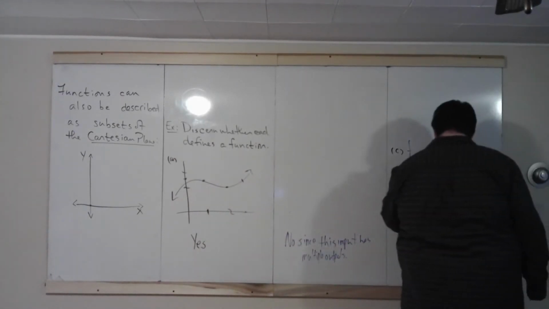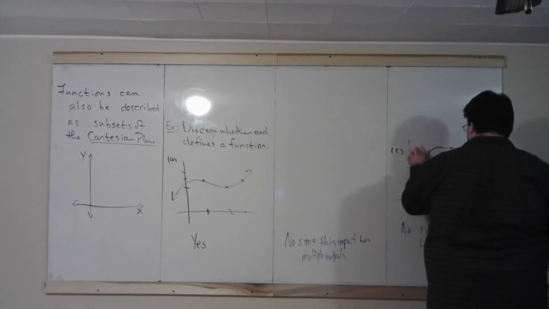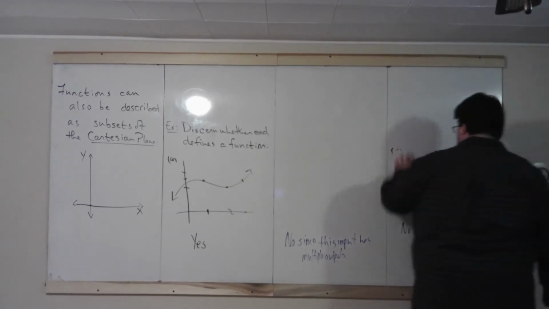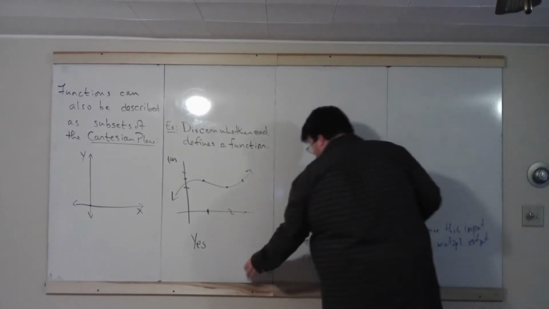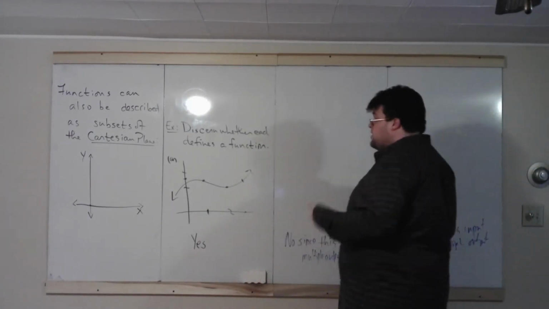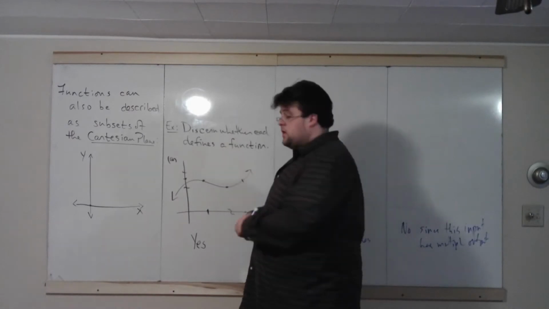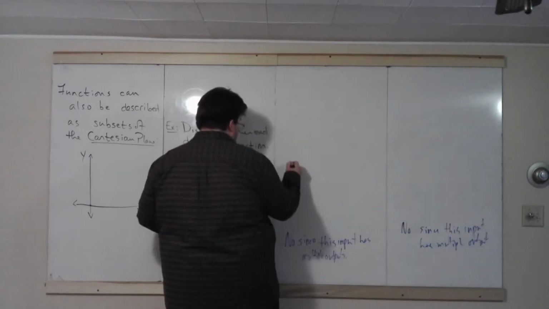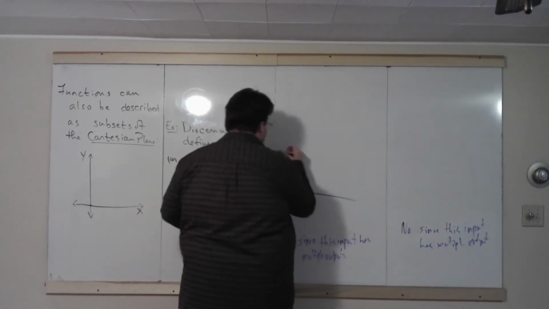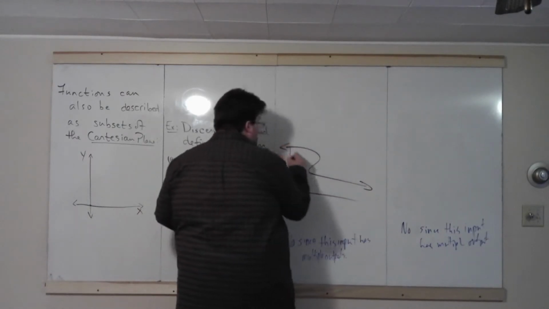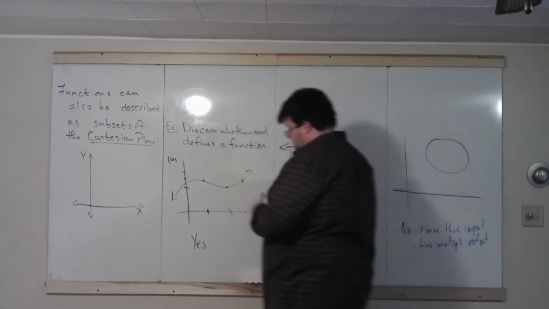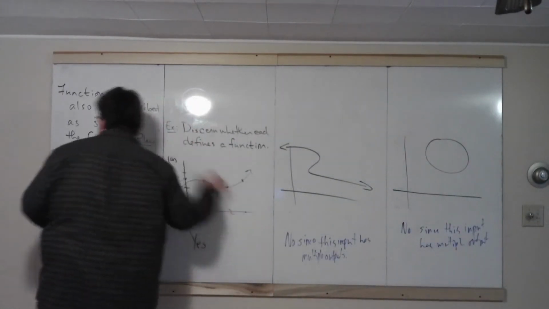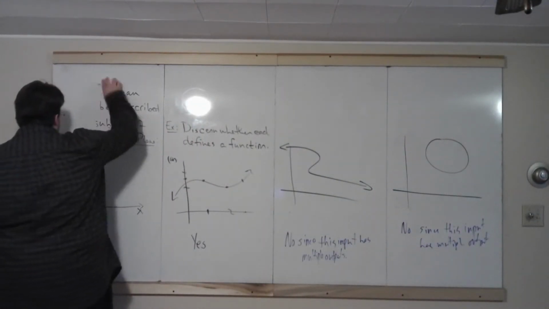We can observe something that happens in these two examples which allows us to determine whether a curve defines a function without going through the input-output argument. What can we do? Well, I'm going to redraw this curve, and I'll redraw that curve. Let's erase this board, because I'm going to write the result here.